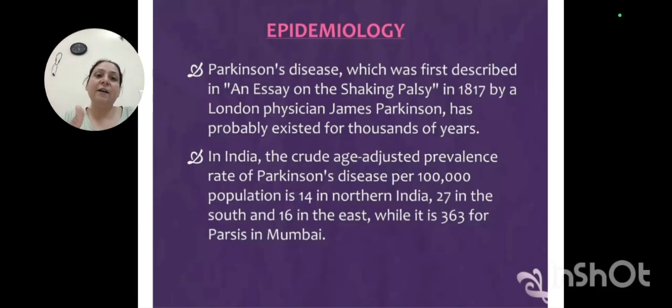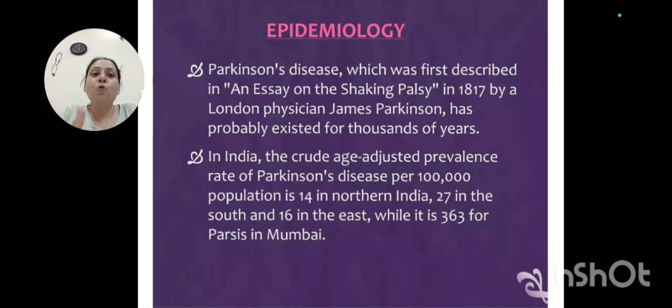Like in Parkinson's, we know that it was coined by James Parkinson, and he coined this disease as shaking palsy, but he coined this as shaking palsy long ago in London. But in India, how is the prevalence, how many Parkinson's cases can we see? It is called the epidemiology of Parkinson's disease in India.